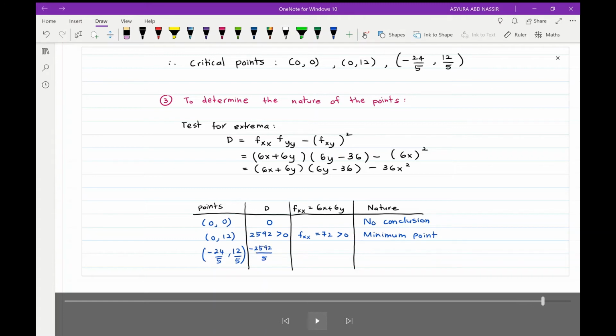Continue. If you use the point (negative 24 over 5, 12 over 5), you will get the value of D is negative 2592 over 5, which means less than 0, and we say that it is a saddle point. So this is your final answer.